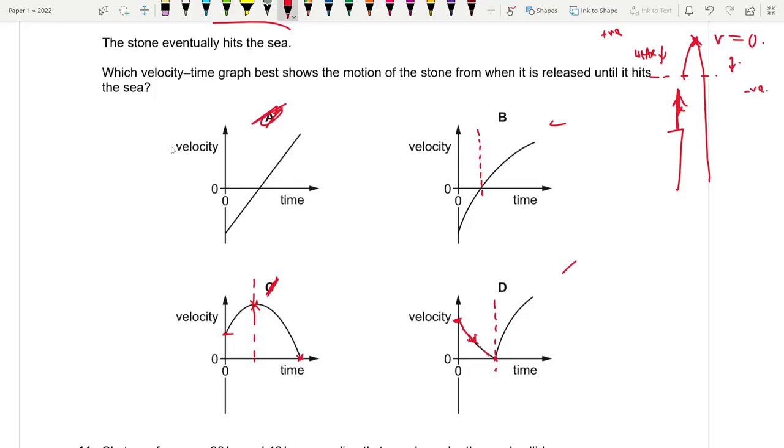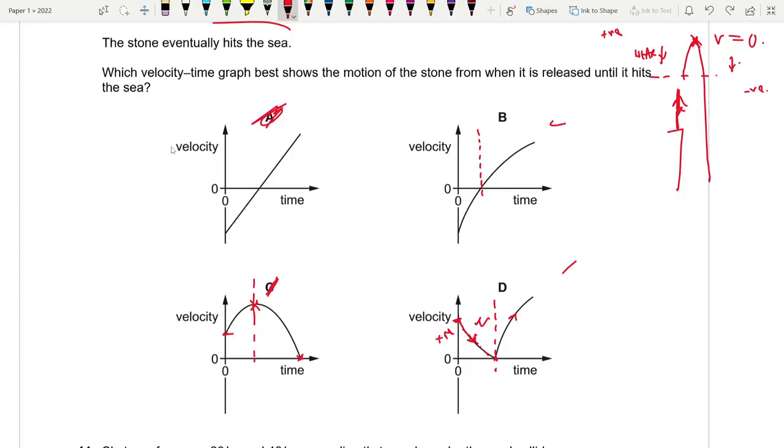But check this out. Here they're saying that going up is also a positive velocity and going down is also a positive velocity. That doesn't make sense. This part of the graph should have been down below. That's the issue with this. It should have been like this. Then it was a possible candidate. Do you get it? It can't be a reflection, because how can going down and going up both be a positive velocity? They need to change directions.